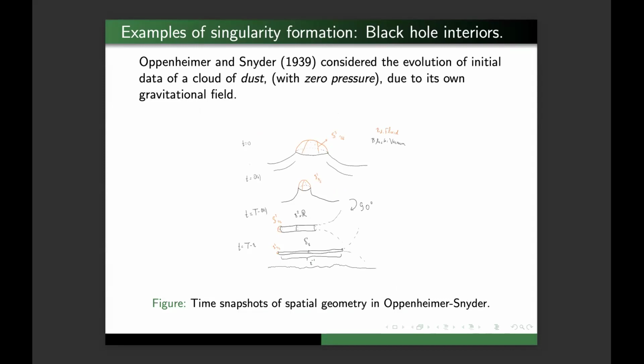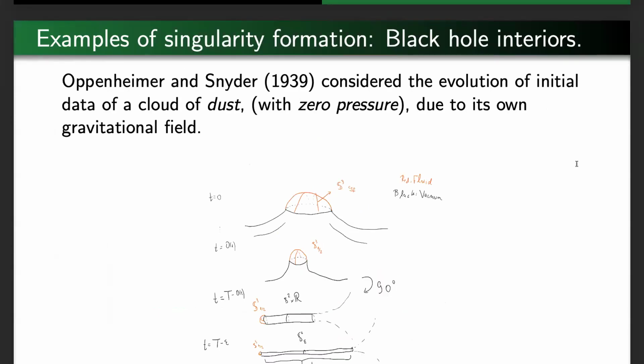And then something interesting happens, which to describe it, let me do a coordinate change and rotate by 90 degrees. At the next snapshot, the metric consists of a hemisphere at the very end, which joins up with a cylinder.